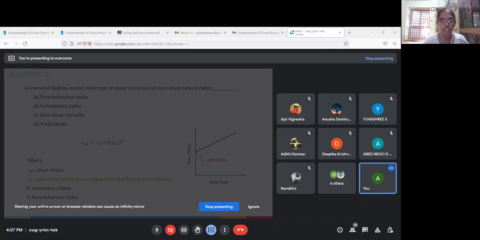What kind of fluids do you think require this yield stress? What is the name of those fluids called? What kind of liquids require an initial stress for it to start flowing?